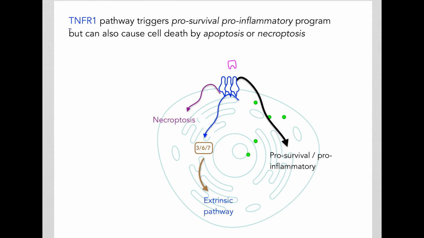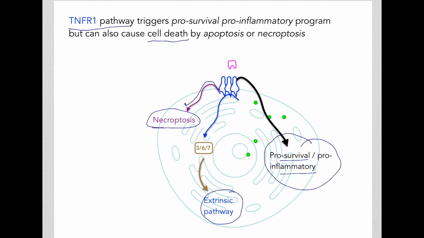Now, the TNFR1 pathway can trigger the cell to survive. So it can trigger a pro-survival, pro-inflammatory program, so the cell survives and there's inflammation, or it can cause cell death. Instead of the cell surviving, it can kill the cell. And the cell can die either by the extrinsic pathway of apoptosis, or there is another program where the cell can die by necroptosis.